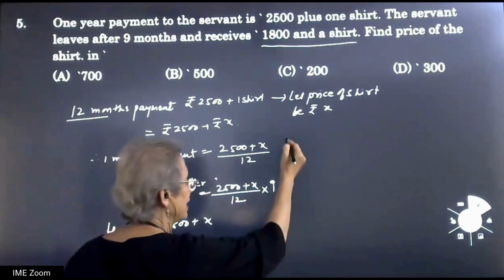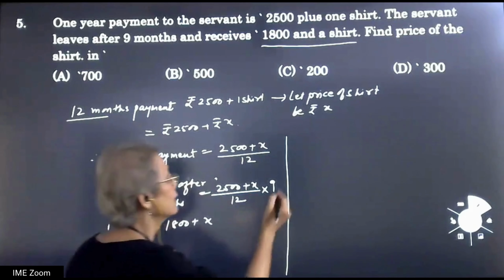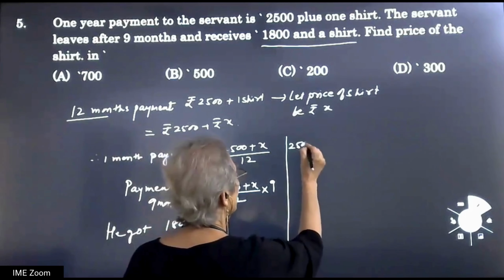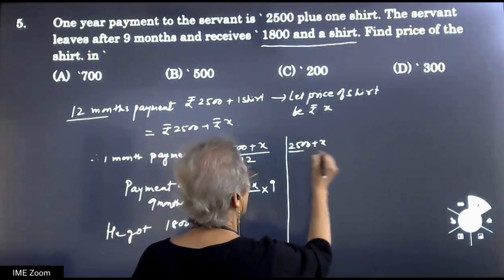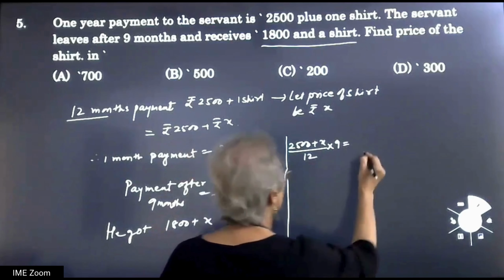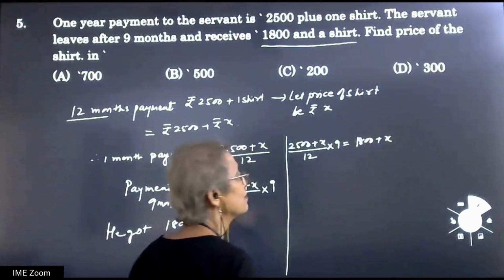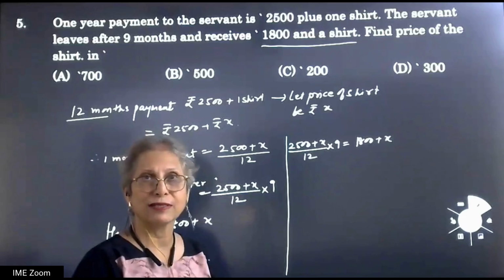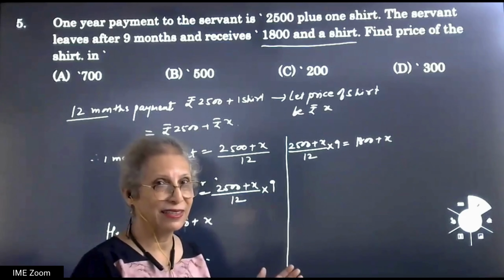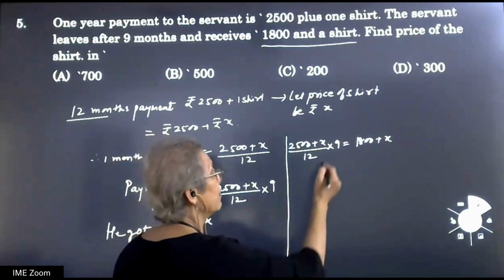So let us equate them. Now this is an equality. (2500 plus X) upon 12 into 9 is equal to 1800 plus X. Now we have to solve this, right? Again, it is an equation, use of letters.